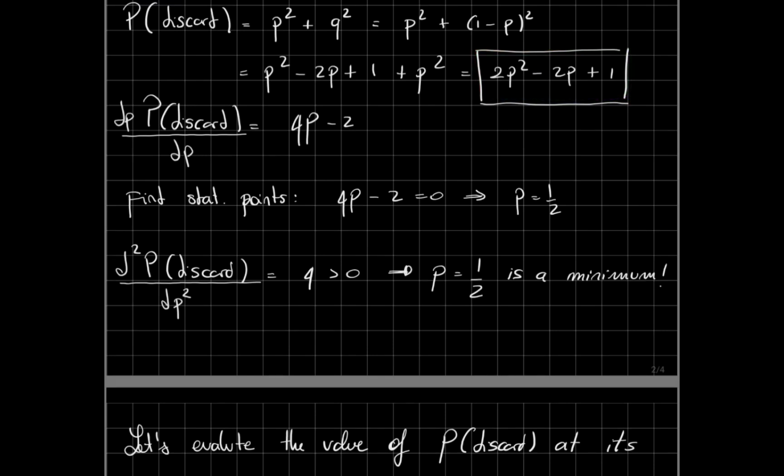We calculate now the first derivative, and we want to find the stationary point. So we equal the first derivative to 0, and we discover that p equal to 1 over 2 is a stationary point. Given that the second derivative is greater than 0, we also discover that such a stationary point is a minimum.